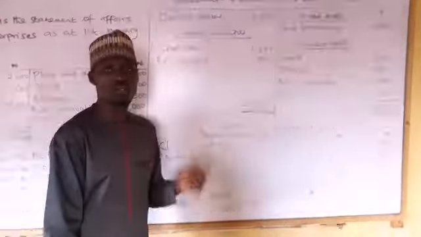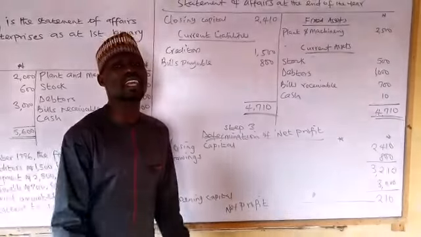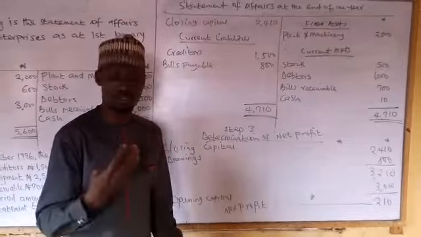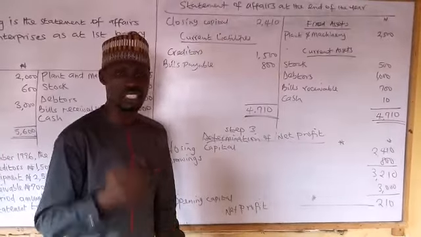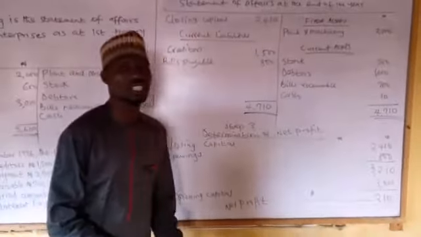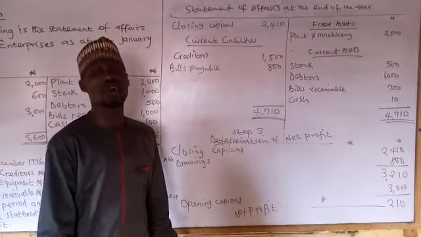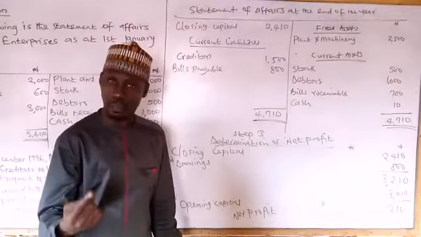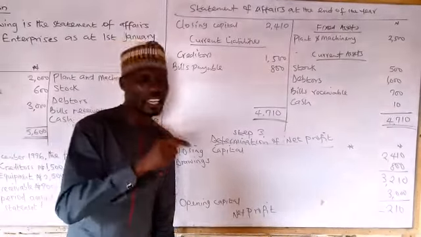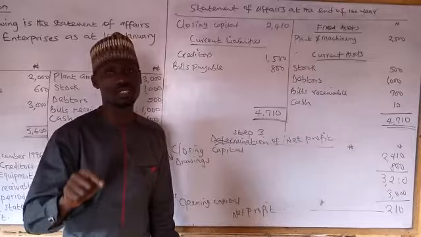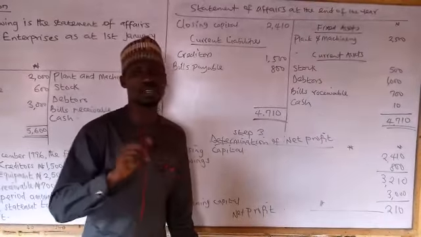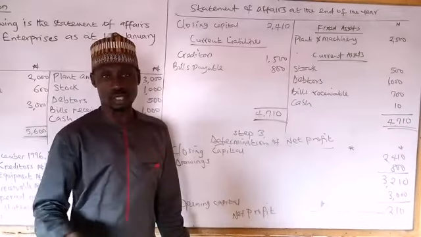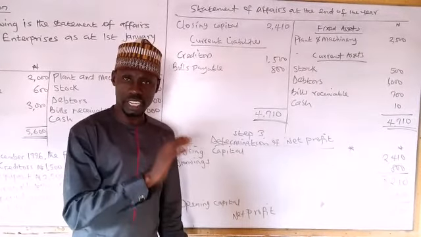Remember I said anytime they give you a question on incomplete records, if you follow these steps, you find your way out. Step 1, use the information on the opening assets and opening liabilities to determine your opening capital. That is the fixed assets and current assets at the beginning of the year, and the liabilities at the beginning of the year, either long-term or current, to determine your opening capital.